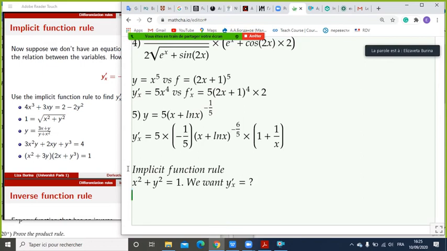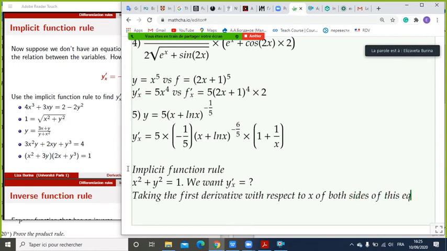No problem. Let's think of what we are doing with this equation. We are pretty much taking the first derivative with respect to x of both sides of this equation. So let's do this.